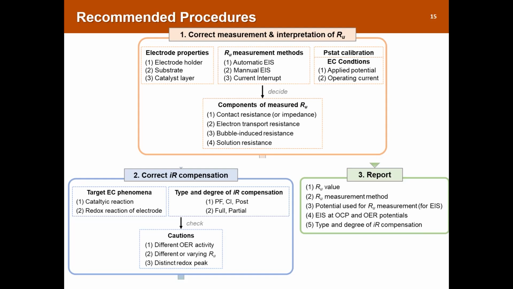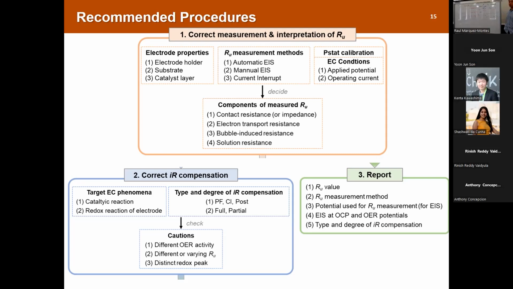The best and easiest way to understand IR compensation is actually doing the manual impedance analysis and seeing where you get the series resistance, the uncompensated resistance, and at which frequency, and then try to apply the RU value using the positive feedback mode, change the degree of IR compensation, and see how the performance changes.